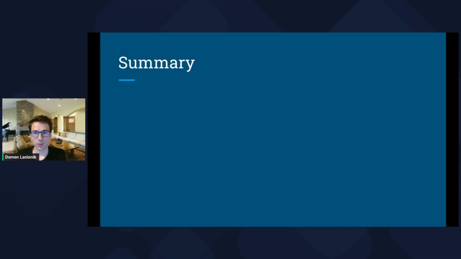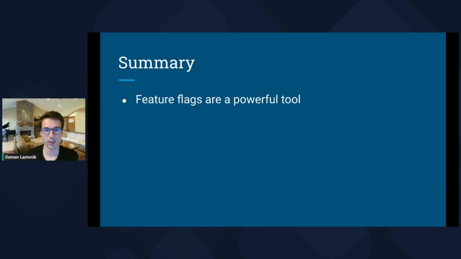Cool. So to summarize, feature flags are a really powerful tool to have in your arsenal. They help you protect against issues. They can enable you to move faster and release features faster.